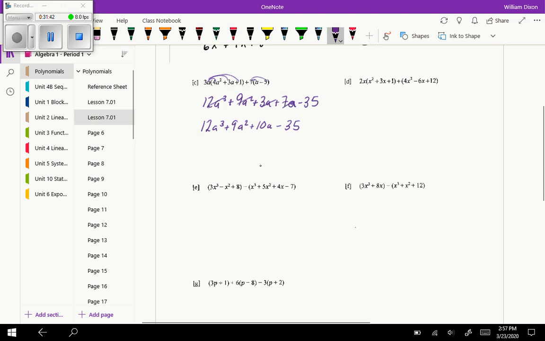So we have 3x to the third minus x squared plus 8, minus x to the third plus 5x squared plus 4x minus 7. Now, something very important.